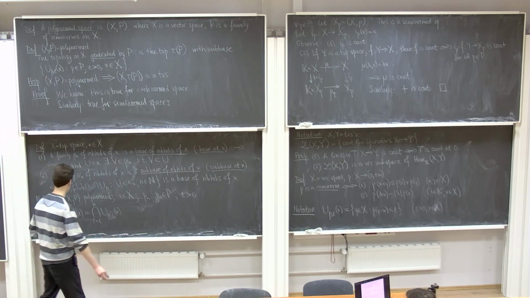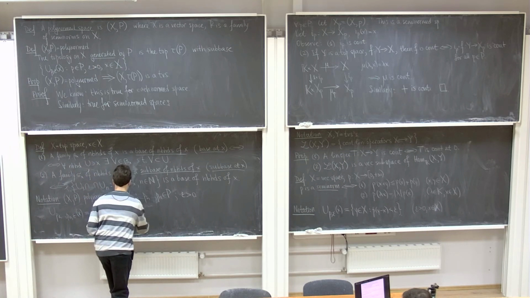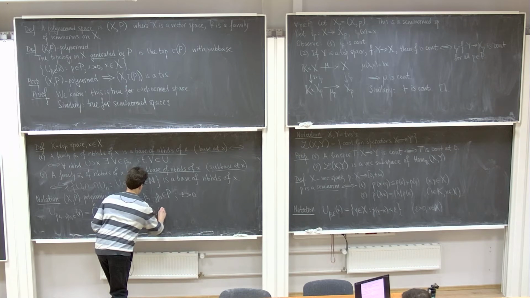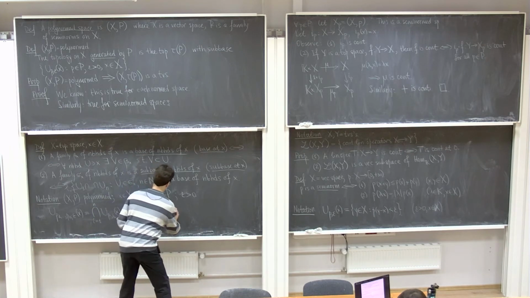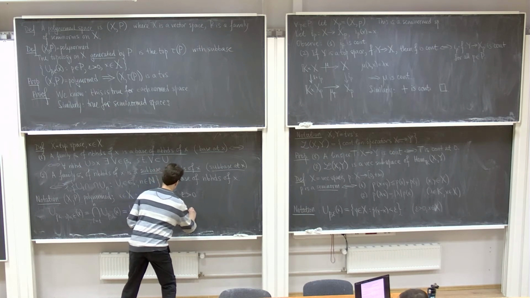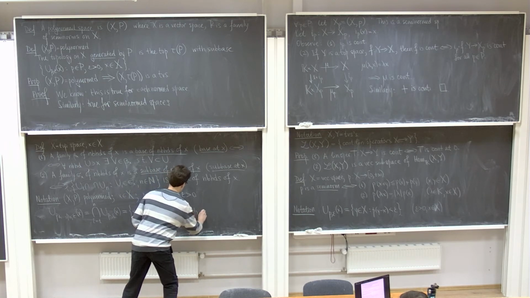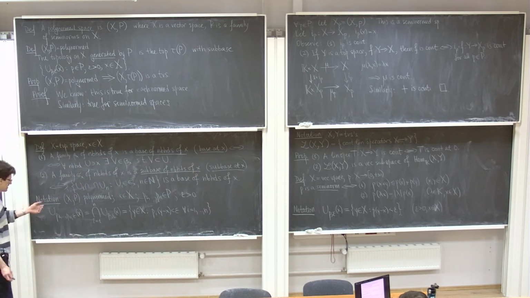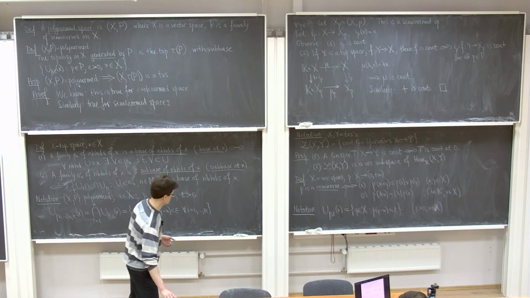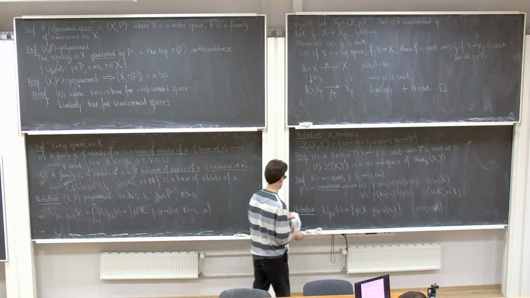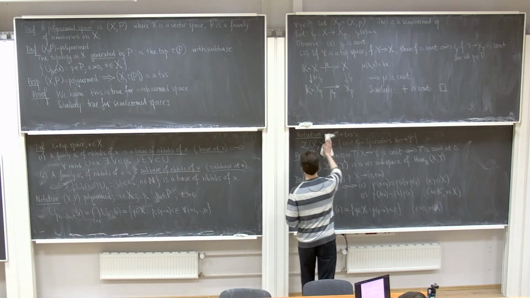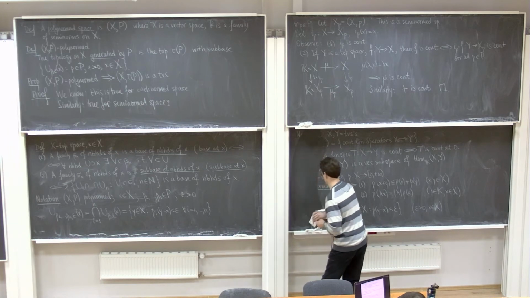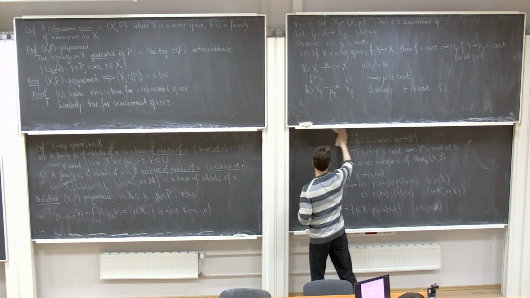So explicitly, this set consists of all elements y in our space such that the inequality p_i(y - x) < epsilon holds for all i from 1 to n. So this is the finite intersection of balls with the same center and the same radius, but corresponding to different semi-norms.